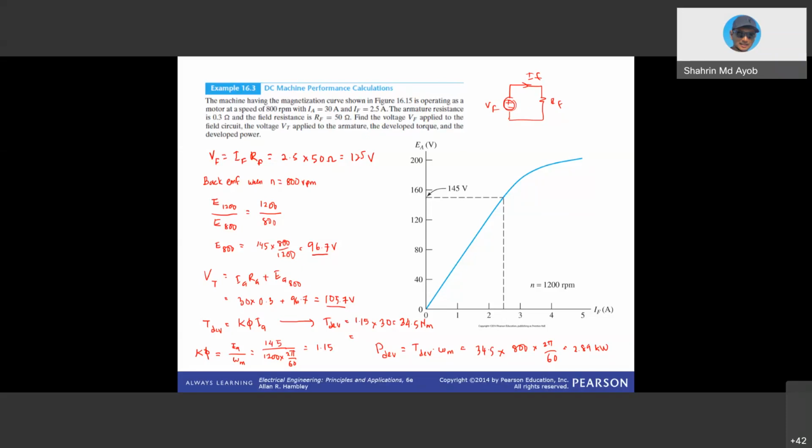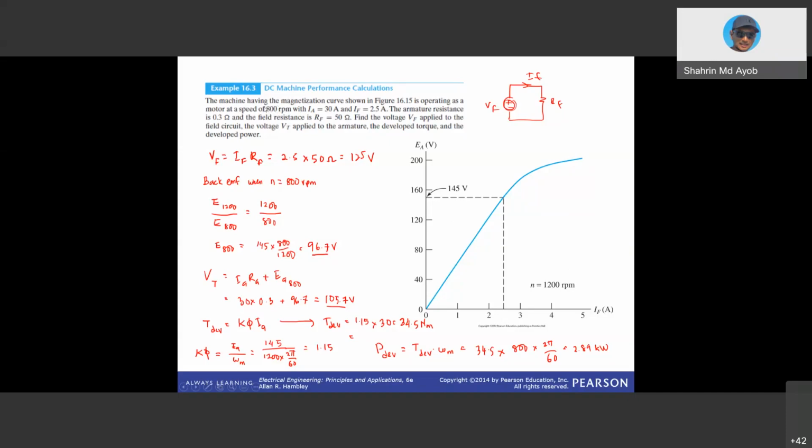Next is to get the VA, or VT. But it's quite complicated here, because the information given here is the curve when the speed is 1200 rpm, but the information from the question gives you the value of 800 rpm.